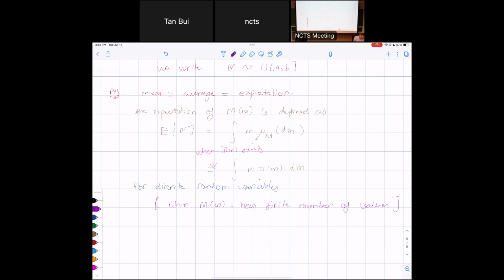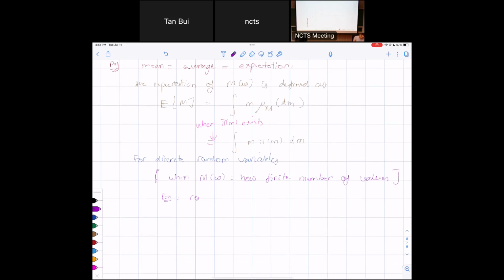Actually, maybe I'll give you an example here as well, right? For example, rolling two dice, and M is the sum of faces. So each time you roll, you sum up whatever you see there, right?